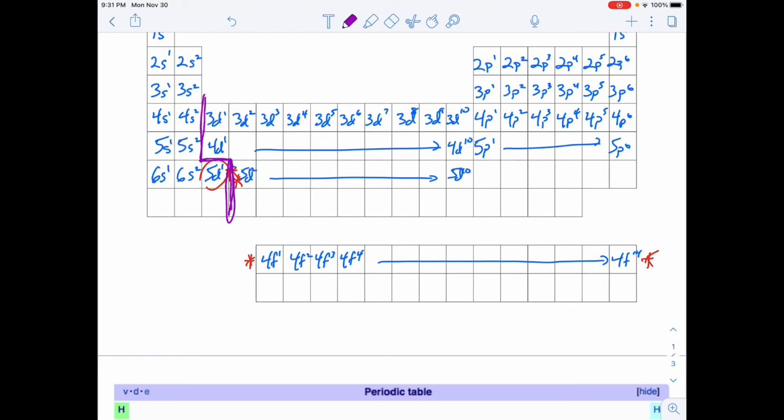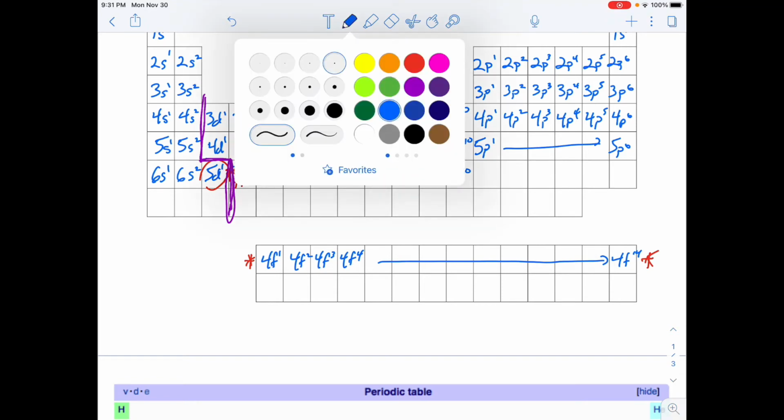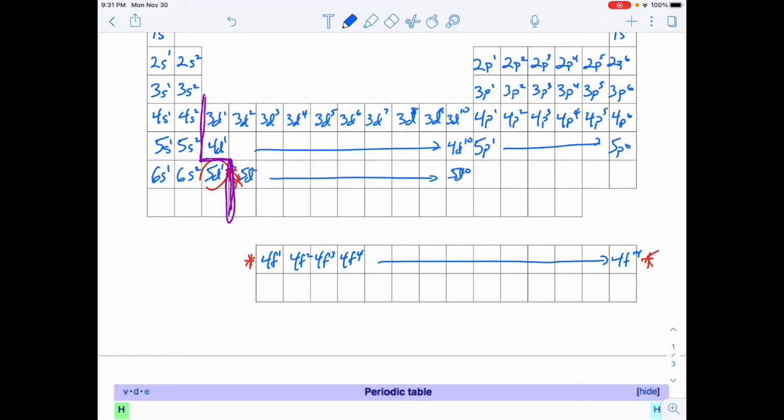But what I'm really trying to show here, and actually before I say that, what I can do is continue this. I can do a 6p1 all the way to 6p6.